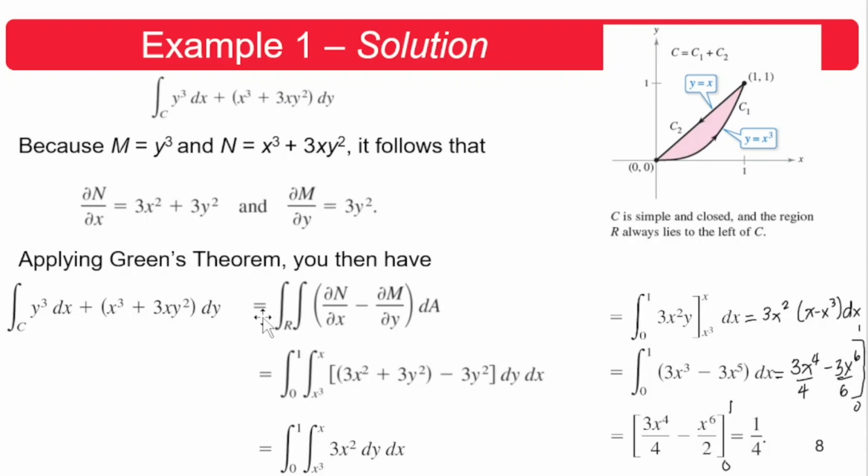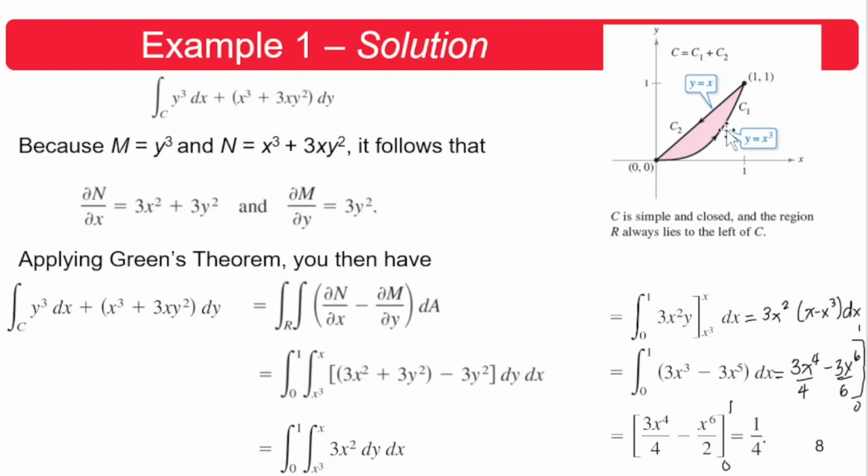Then applying Green's theorem, this line integral can be written as the double integral of the partial derivative of N with respect to x minus the partial derivative of M with respect to y, times the change in area. The change in area can be written as dy dx, where the limits of y and x should be taken from this region, because it is bounded above by y equals x and below by y equals x cubed.